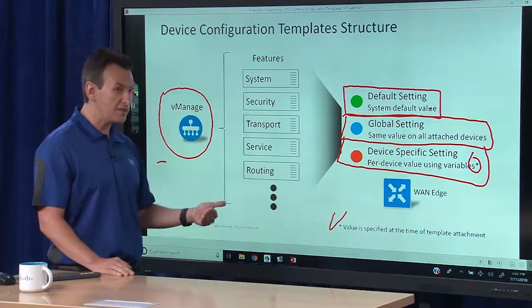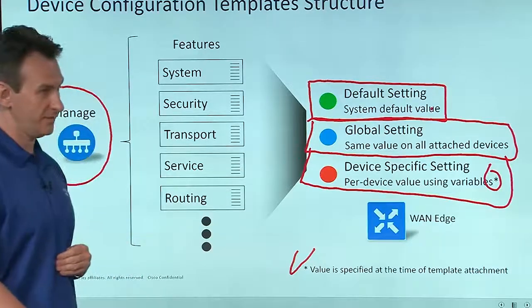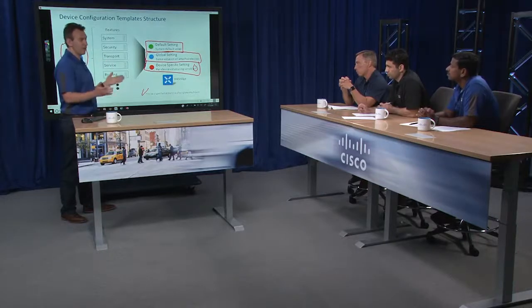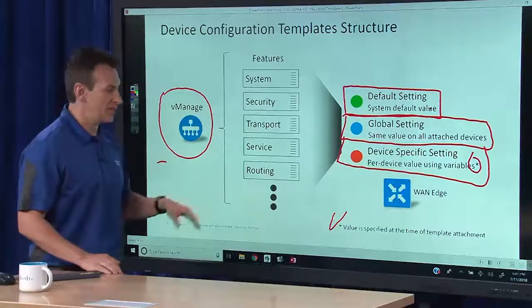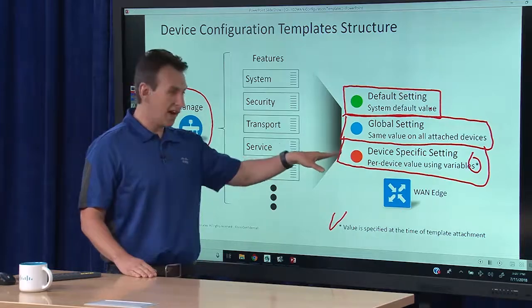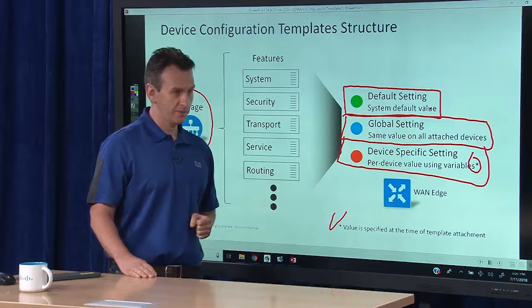If you have a lot of deviations, you may end up with a lot of device-specific settings. If you have a few deviations, you will end up with few device-specific settings, sometimes zero. It really depends on how you decided to structure your configuration. But it's important that this gives you the flexibility to supply those values at the time the template is attached.